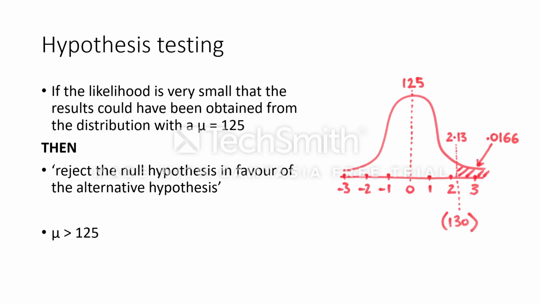If the likelihood is very small that the result could have come from a population with a distribution of 125, then we reject the null hypothesis in favor of accepting the alternative hypothesis.